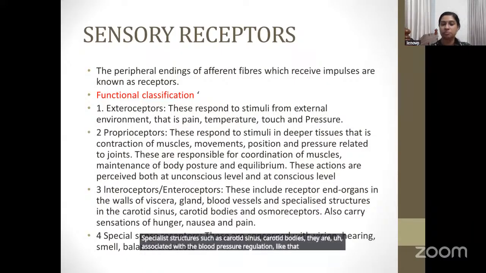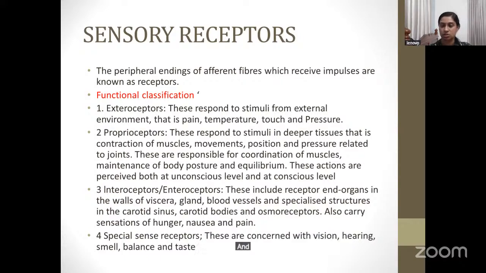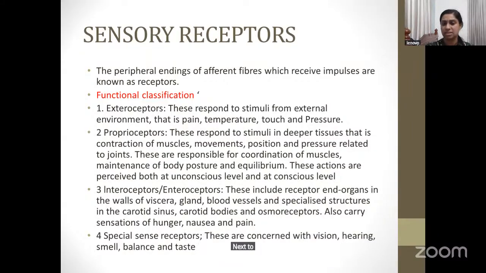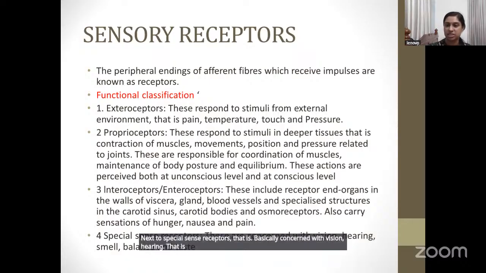They also carry the sensations of hunger, nausea, pain, etc. And next are special sense receptors, which are basically concerned with vision and hearing, that is, the special senses. Okay, so these are the 4 types of receptors according to their function.